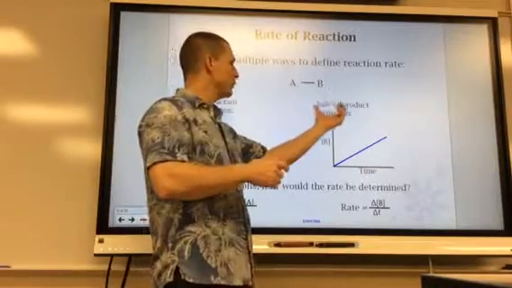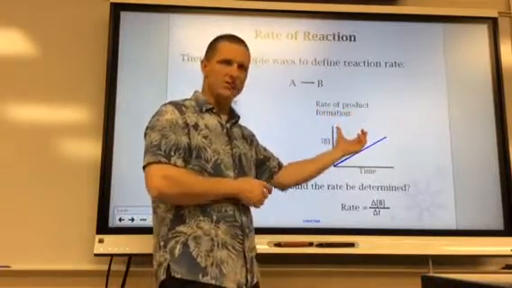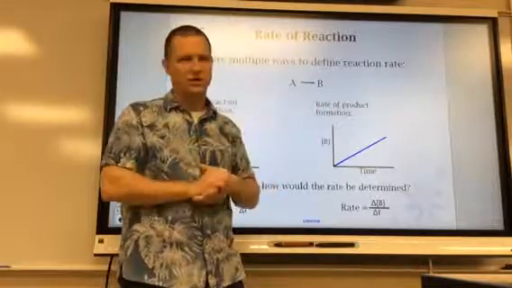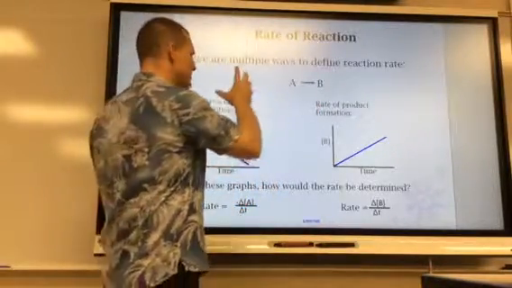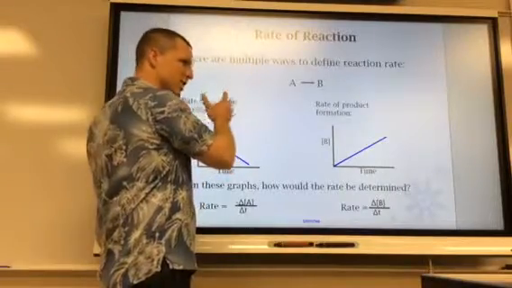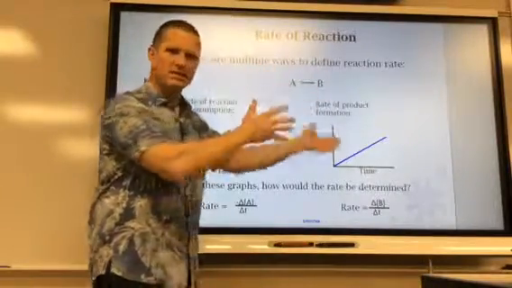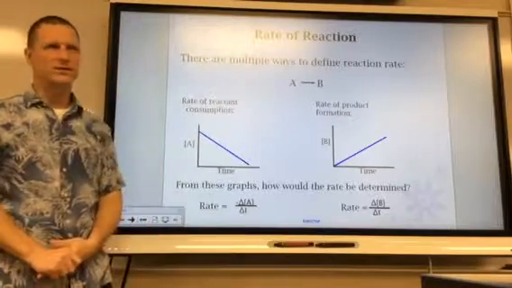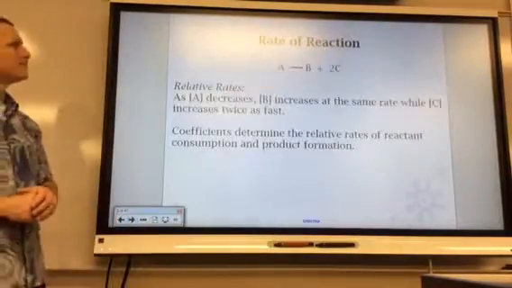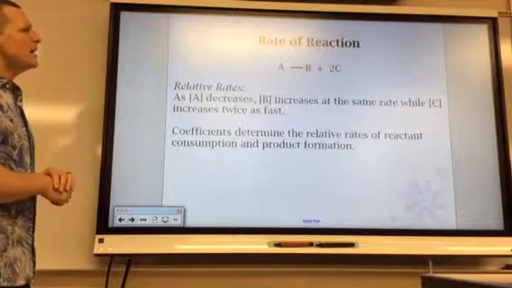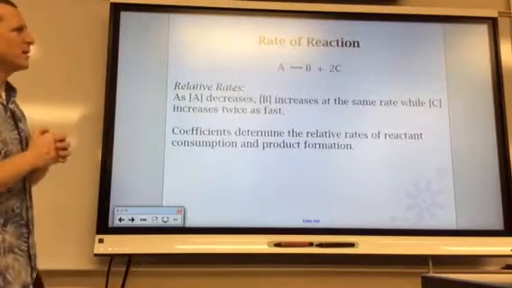Then, in that case, it would be easy to measure the rate of the reaction by measuring how the pressure is changing over time. So it depends on what the physical states are. Sometimes it's more convenient to measure the rate of the changing reactants. Sometimes it's easier to measure the rate of the changing products. We'll have to do this sometimes.